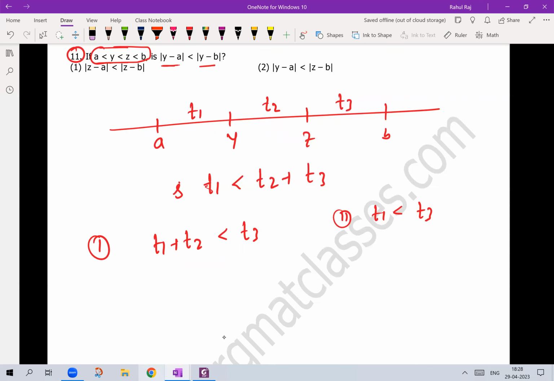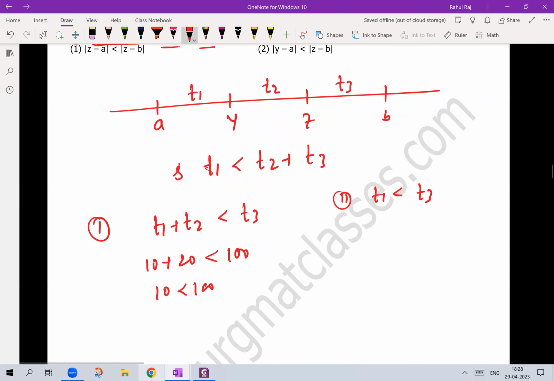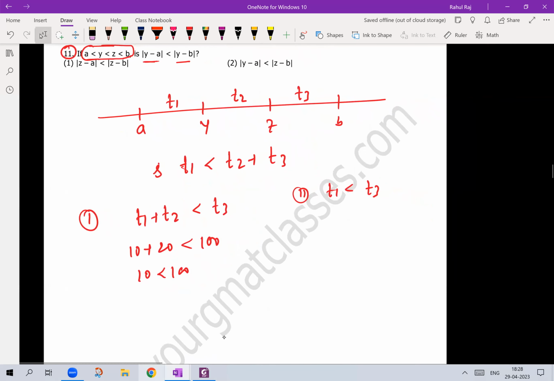Now imagine this in terms of distance. If I tell you 10 kilometer plus 20 kilometer is less than 100 kilometer, can I say 10 kilometer alone will be less than 100 kilometer? If 10 kilometer alone is less than 100 kilometer, 10 kilometer will surely be less than 100 plus some other kilometer, let's say 20. Now don't say, Rahul, you have taken 20 on the right hand side, so why have you not done minus? It's not about minus or plus. I'm just trying to say your logic.